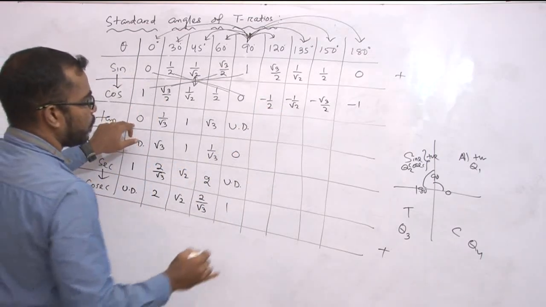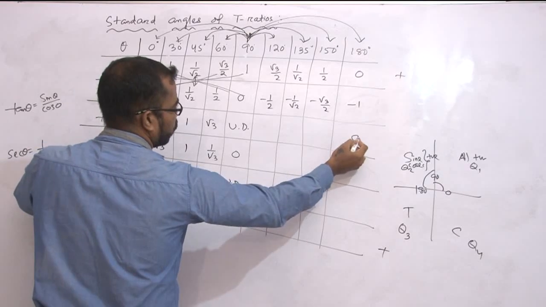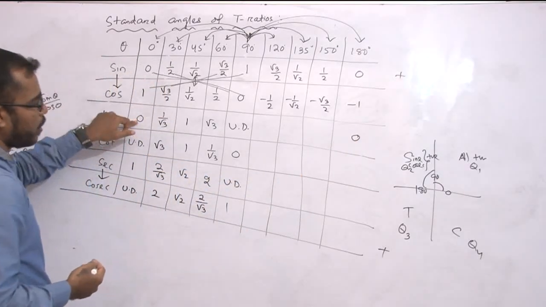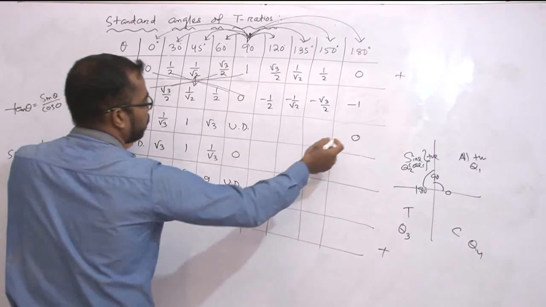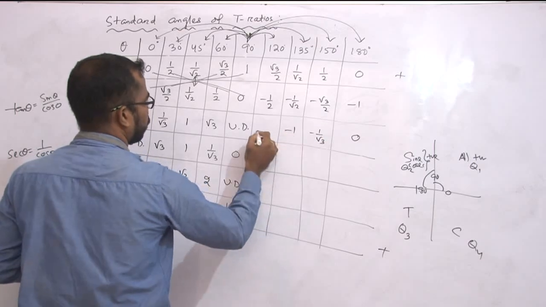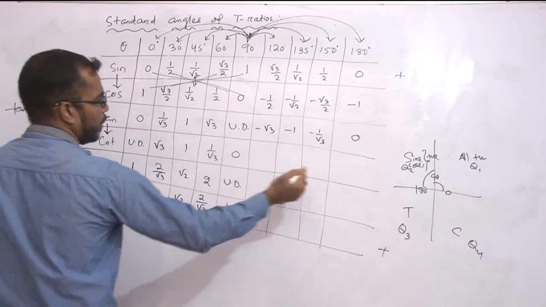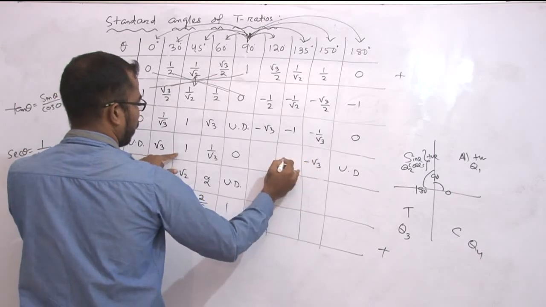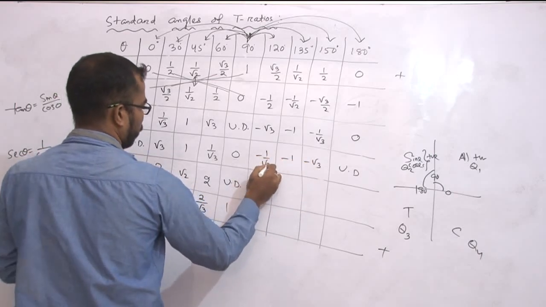Similarly, the value of tan, that is 0, we cannot write in negative of 0 because 0 has no sign. So 0, minus 1 by root 3, minus 1, minus root 3. Similarly, undefined, minus root 3, minus 1, minus 1 by root 3.